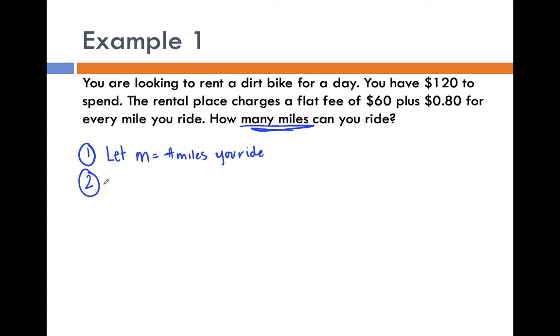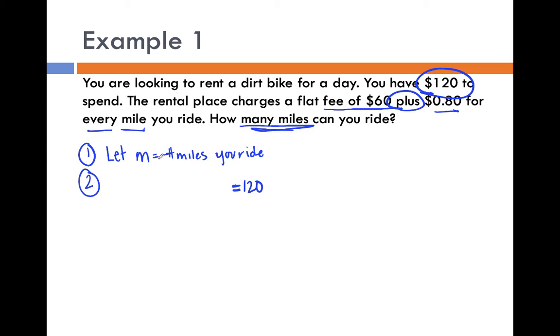Now, number 2, this is the hard part until you get comfortable writing these algebraically. You need to write the equation. So we know that you have a total of $120. I like to put the total on the end here. We know that they charge you a flat fee of $60 plus 80 cents for every mile.